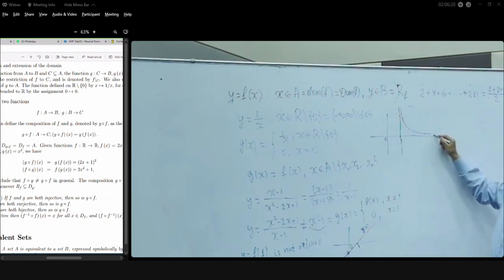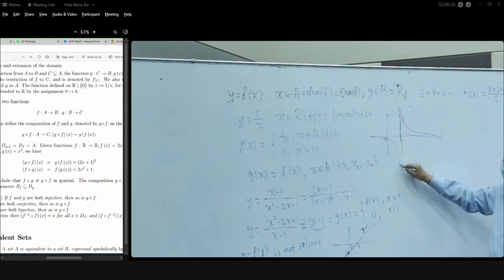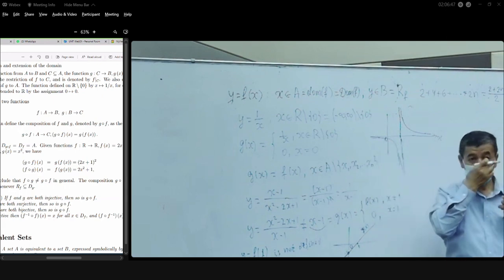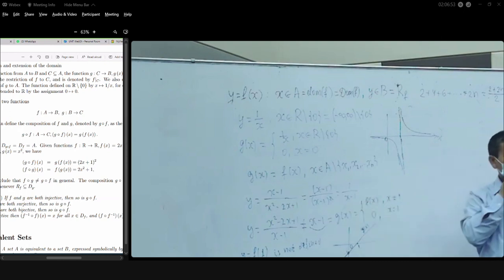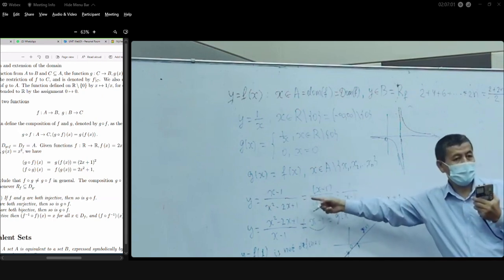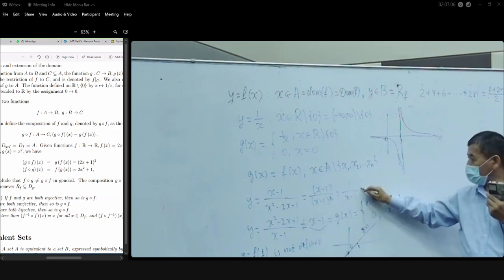This one approaches 0 when x tends to infinity. So when it is minus infinity, it approaches but never crosses. So this very complicated function actually behaves like 1 over x minus 1. So after simplifying, this function is much more simple than that. It means this function behaves as this function.